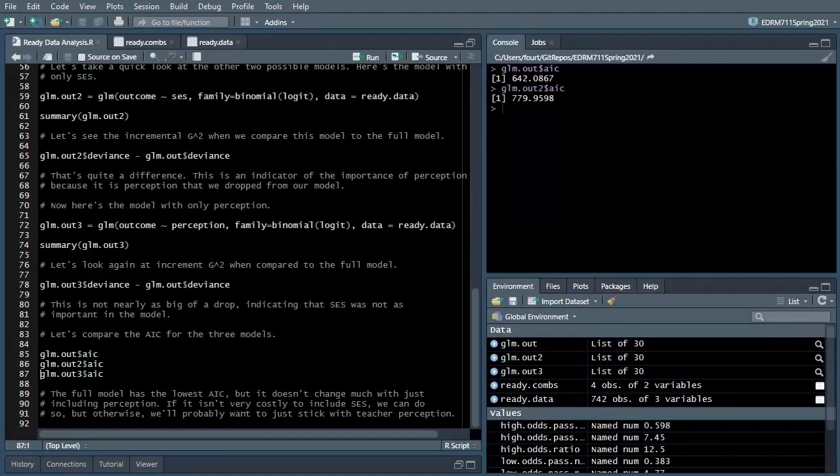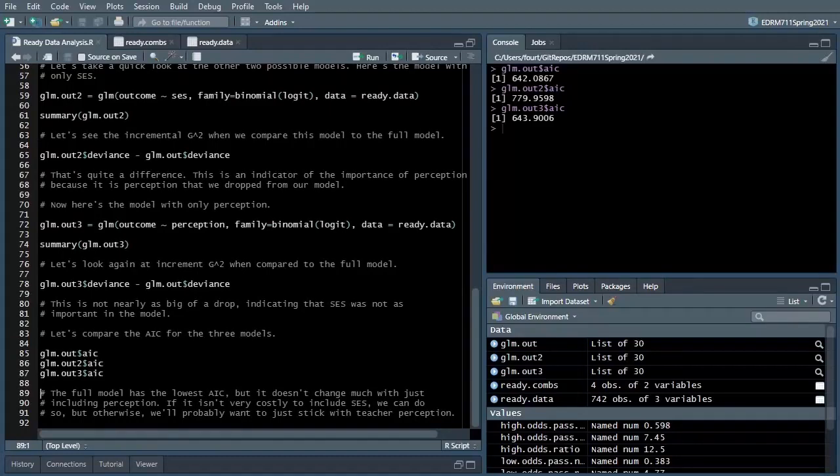By comparison, when we look at the model with just perception in it, we had hardly any change at all in the Akaike information criterion. So now we have a one variable model, which the AIC likes, and the G-squared didn't change too much, which the AIC also likes.